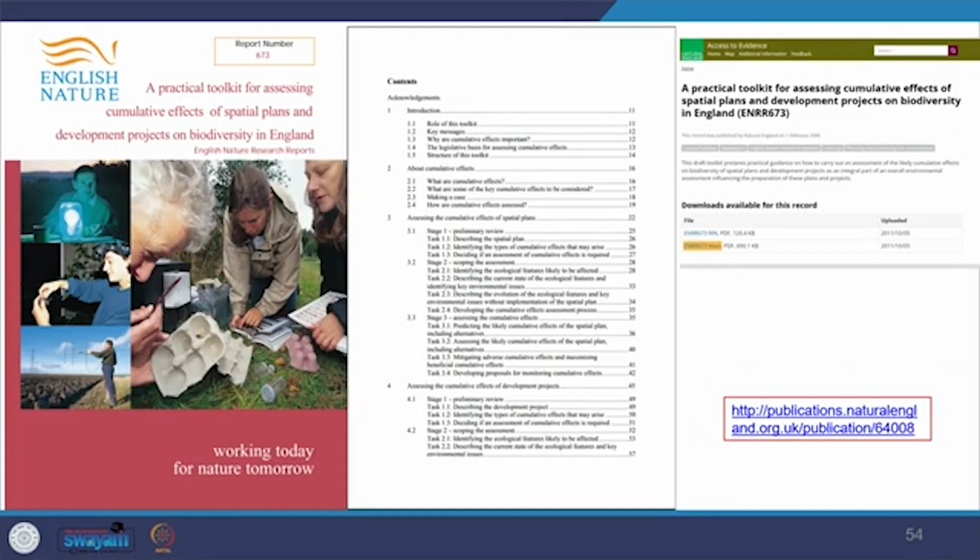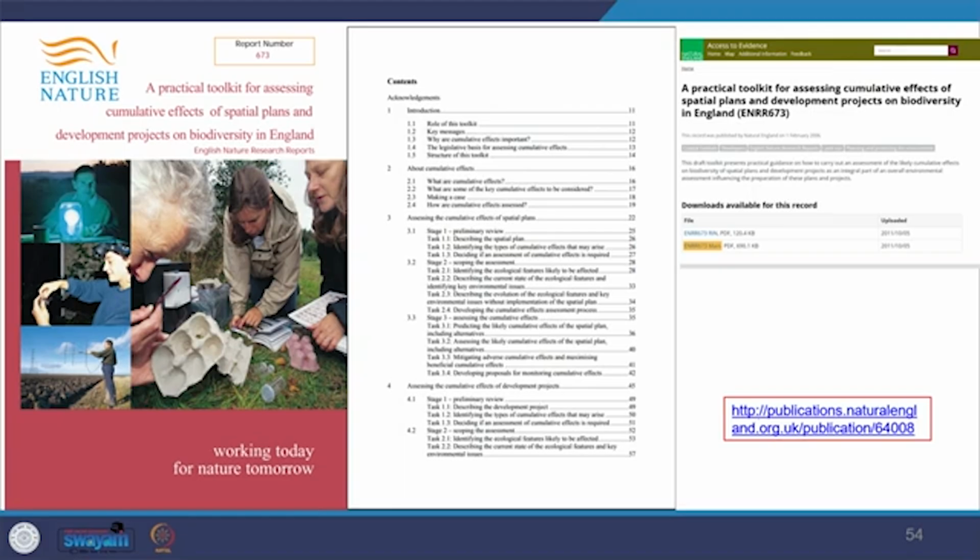You will also find another practical toolkit for assessing cumulative effects of spatial plans and development projects on biodiversity in England. I have given you the link for downloading here. You can see that it defines the cumulative effect. It tells you about the key cumulative effects which should be considered in the case of biodiversity.